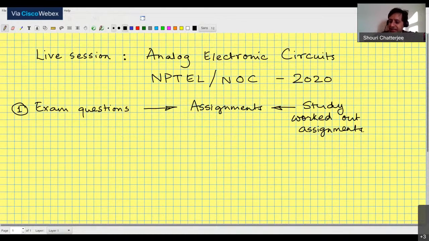Now, beyond that, what is the question pattern? In NPTEL, there are some rules. Rule number one is that 40% should be recall type. Rule number two is, so this has nothing to do with me, this has to do with NPTEL. So 40 marks will be based on recall.